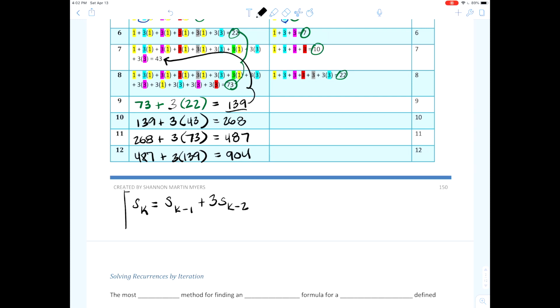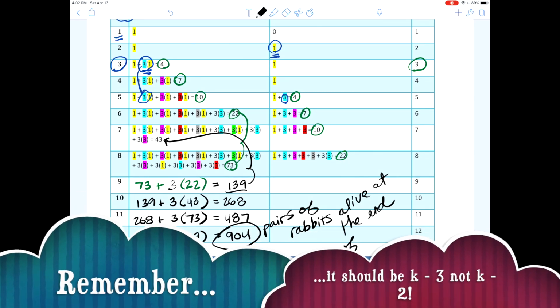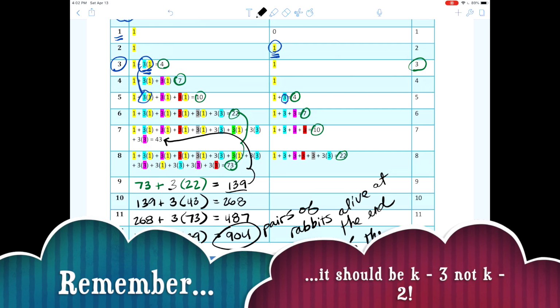So at the end of the year, from 1 pair of rabbits, 904 pairs of rabbits will be alive. Amazing, isn't it?